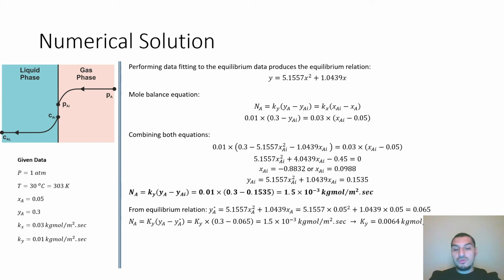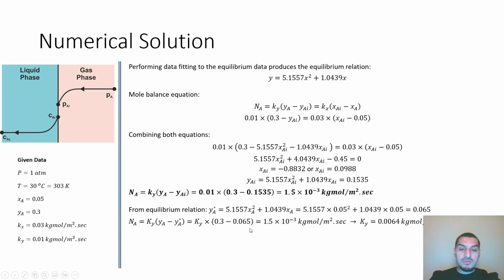So you have to use the method that we mentioned, which is simply putting the mass transfer in terms of the overall mass transfer coefficient equal to the flux, which you calculated from the individual mass transfer coefficient. So you have the flux equal to ky multiplied by ya minus y star. So we have only ky, which is the unknown piece of information here.